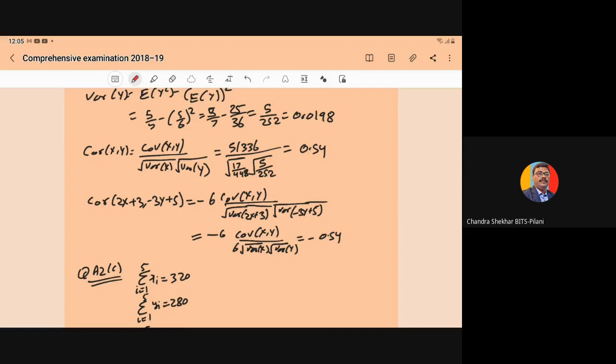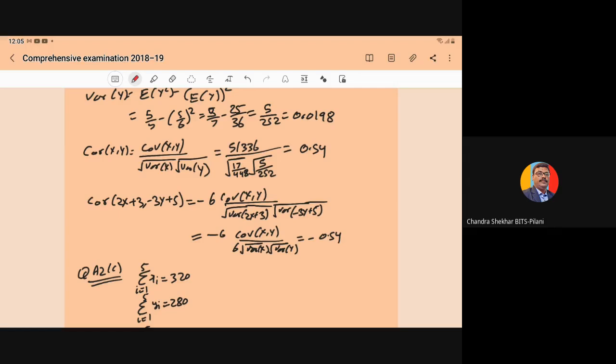Now in the question we have to determine the correlation between 2x plus 3 and minus 3y plus 5. So when we have to determine the correlation of such random variables, there is no role of the constant in that.